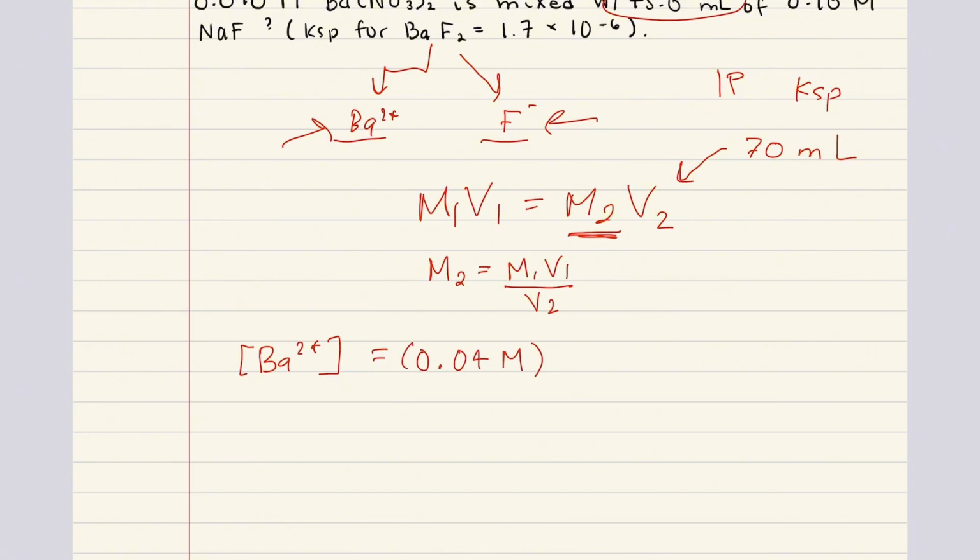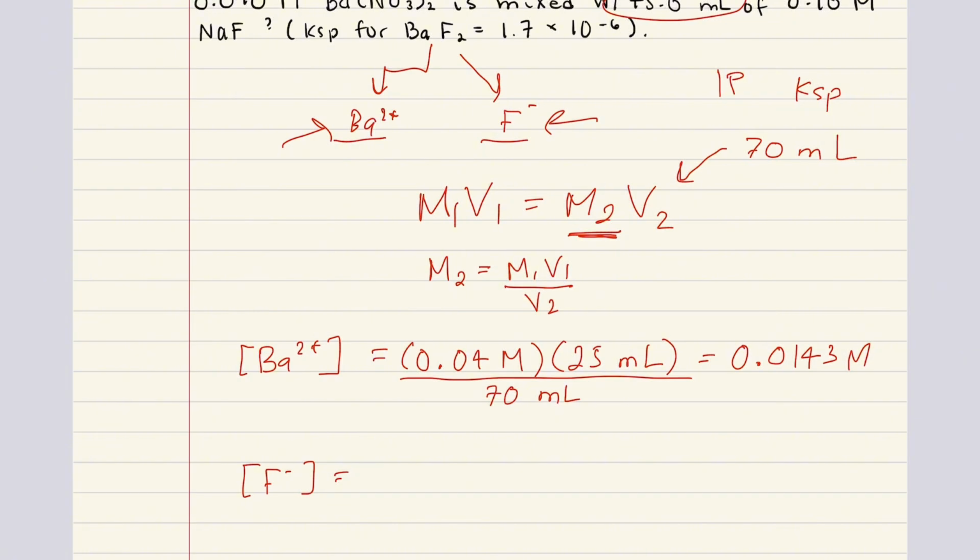That's given to us in the problem. And V1 is going to be equal to 25 milliliters, also given to us in the problem. We also just calculated V2, and we said V2 is equal to 70 milliliters. If we plug this into a calculator, we're going to get that the concentration of barium ions is equal to 0.0143 molar.